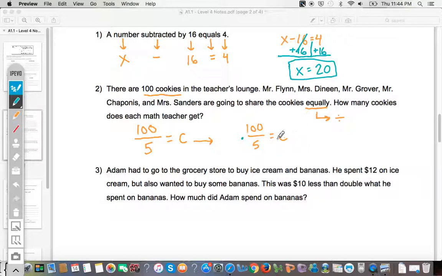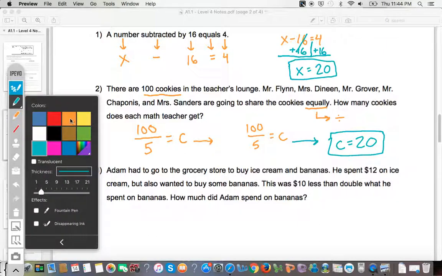I would have 5c equals 100 and then solve for c that way, but we can just do 100 divided by 5. Okay, so what does c equal? C equals 20. And that is a lot of cookies.